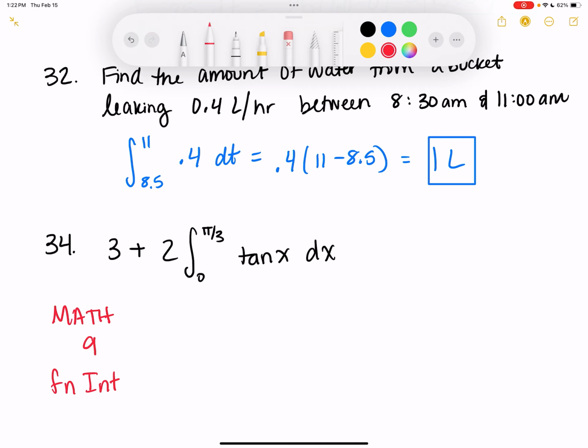Mine goes back and forth because of different classes. If I'm in degree mode, you would want to change that or you're going to get the wrong answer. We know that the antiderivative of this is going to be some trig function, and plugging in pi over 3 as a degree versus a radian is going to be a major problem. So hit enter and we get this lovely 4.39.